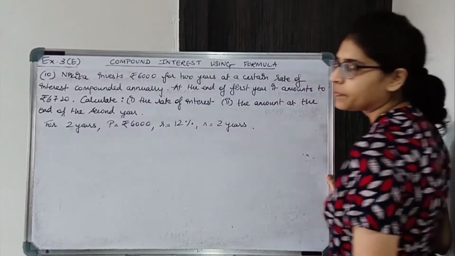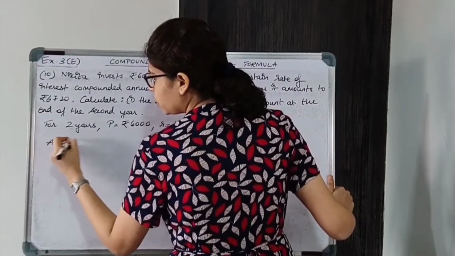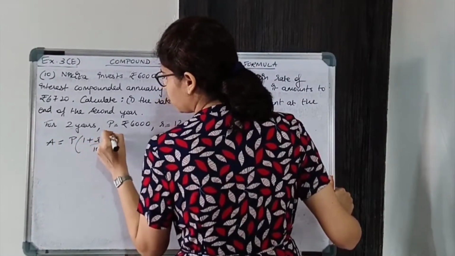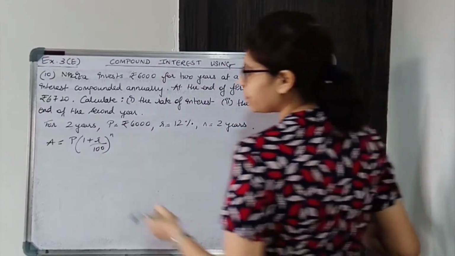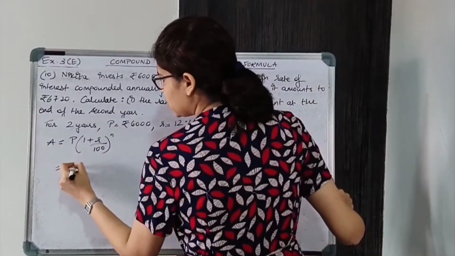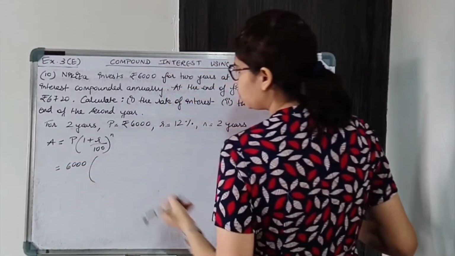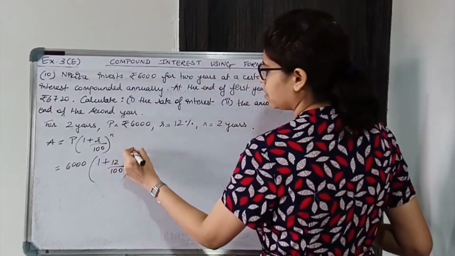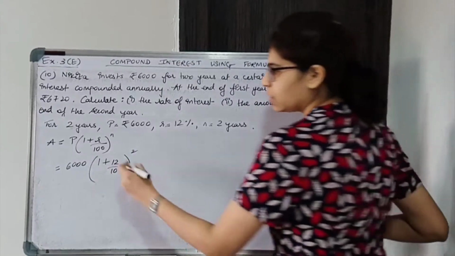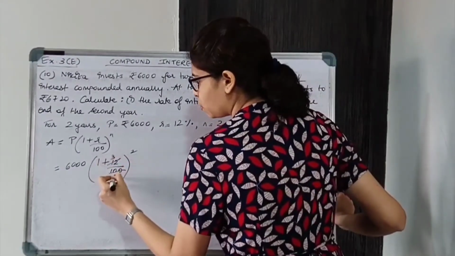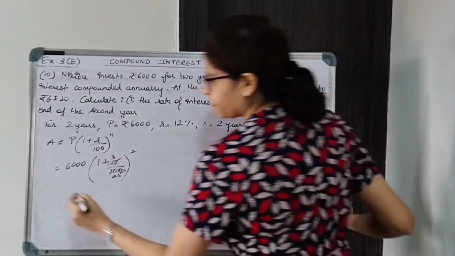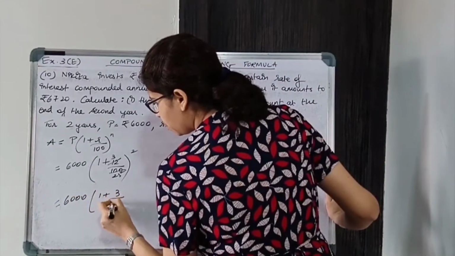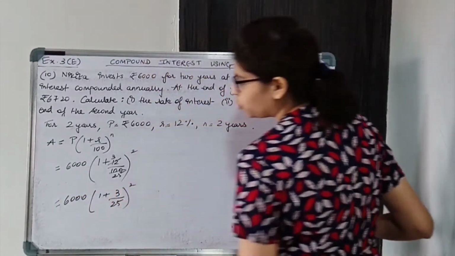Now amount is equal to principal into 1 plus rate of interest upon 100 raised to number of years. So 6,000 into 1 plus 12 upon 100 raised to n is 2. So 4 3s are 12, 4 25s are 100. So 6,000 into 1 plus 3 upon 25 raised to 2.